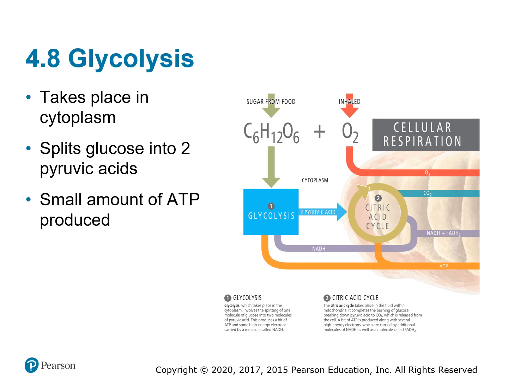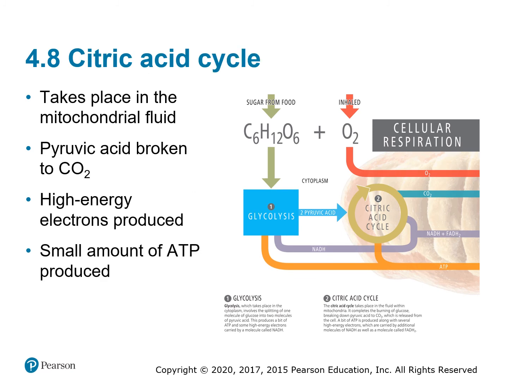From there, we move on to the citric acid cycle. The citric acid cycle takes place in the mitochondria, in the mitochondrial fluid, which is the matrix. In this process, pyruvic acid is broken down to CO2, high energy electrons are produced, and a small amount of ATP is produced.